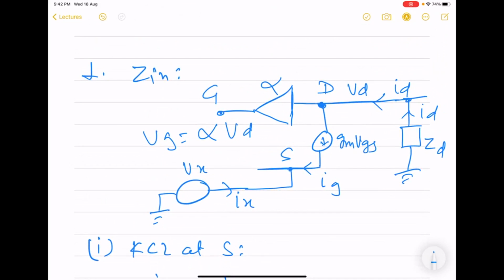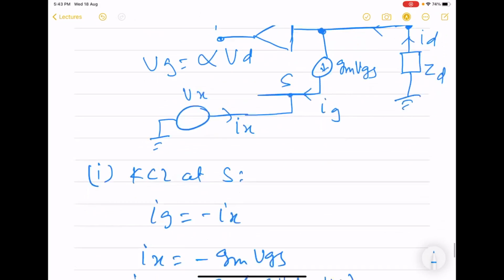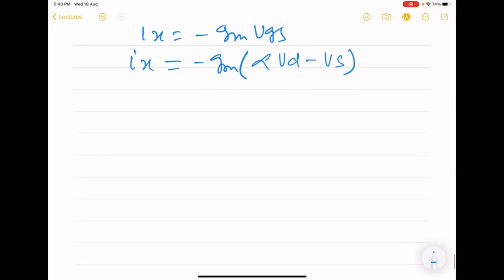So we can see that this Vd is voltage at the upper end of this ZD, the impedance, and this Vd is equal to minus ID ZD.